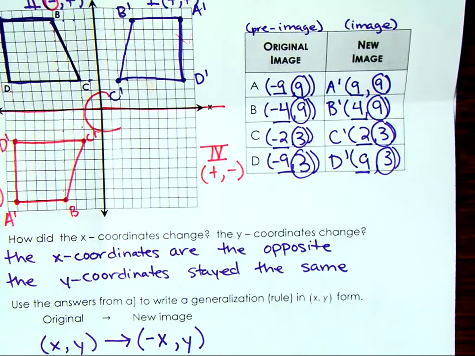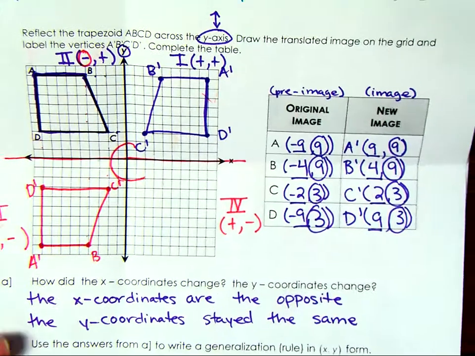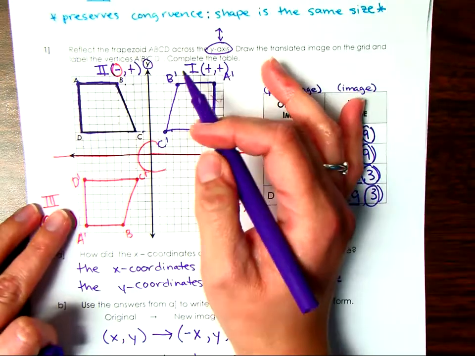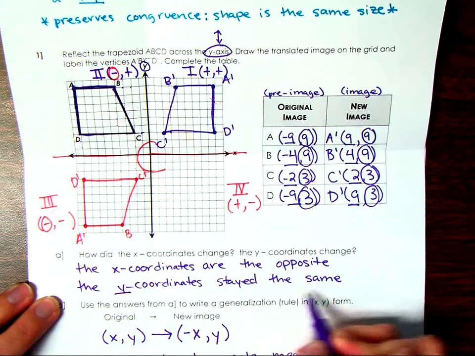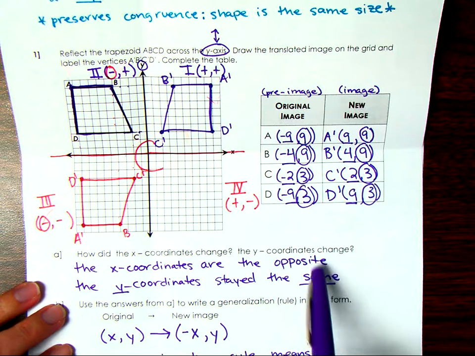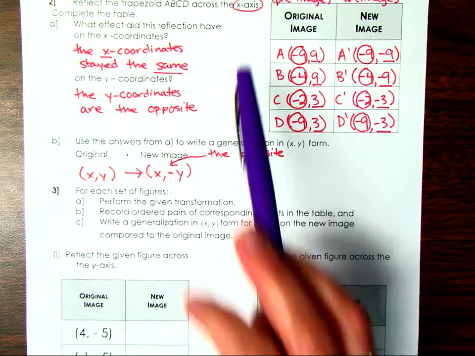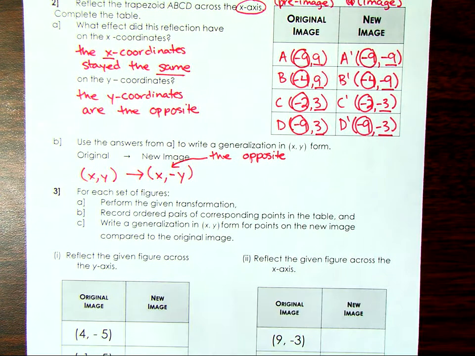When we reflected across the y-axis, we saw that the y-coordinates stayed the same. So that's kind of the trick. If you reflect across the y, the y's stay the same, the x's are the opposite. If you reflect across the x, the x's stay the same, the y's become the opposite. So that's something for you to think about.